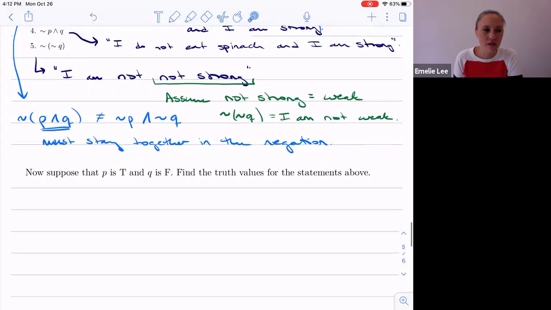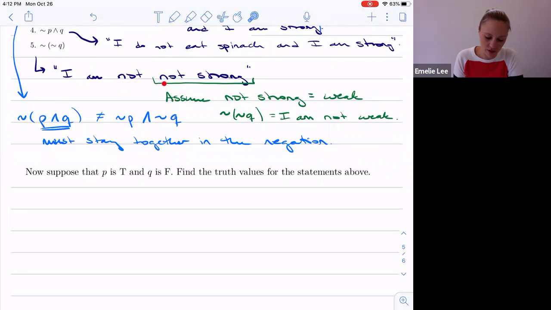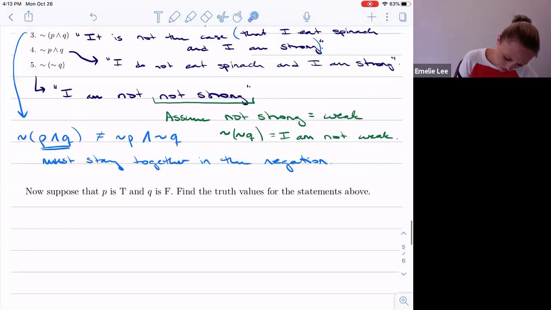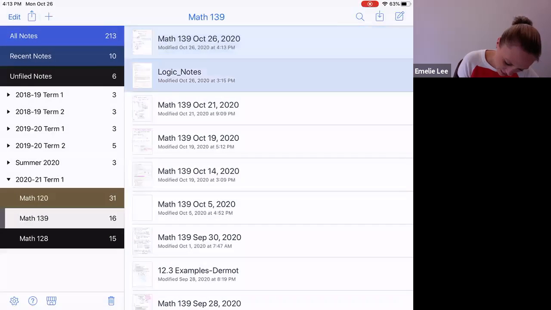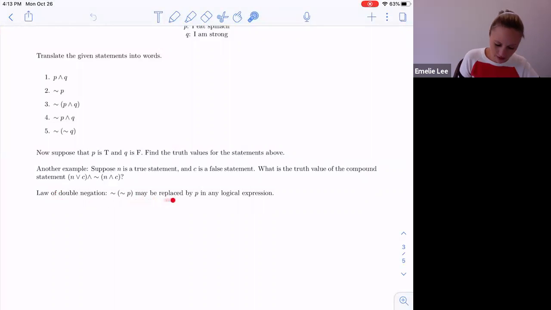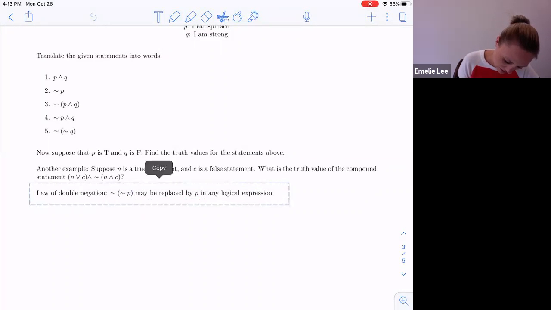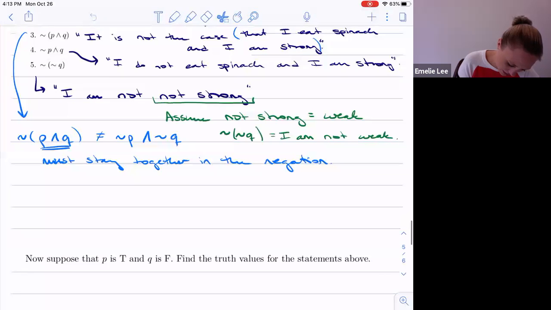But I would probably still just leave it like this. It's a little bit nasty, but it's what this is saying. In our truth tables, then we can boil this down to just be Q. I've got this law of double negation here, which I'm actually going to slide into the notes because it kind of fits in.